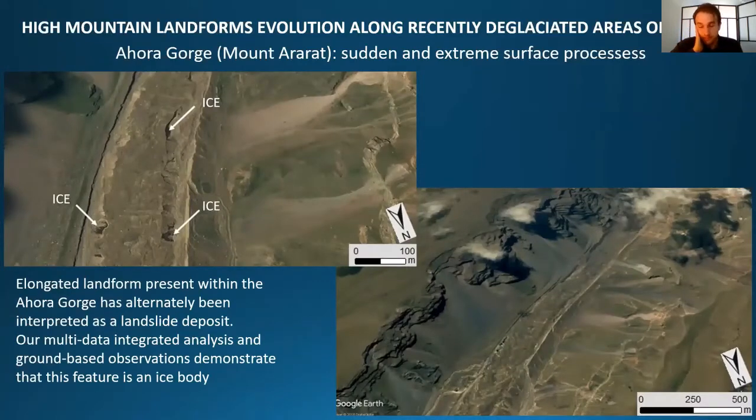We found that the elongated landform that is present in the Ahora Gorge is not a landslide deposit, as was reported before by many travelers of the area, but is an ice body. In this picture, you can find some spots where ice emerges from the debris.